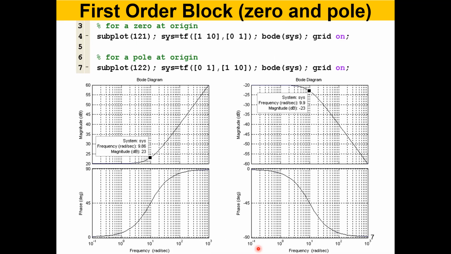So here also, for the first order block, we partition our screen into 2 columns. The first column is this 1 to 1. We define our transfer function. Now this time it is s plus 10 over s plus 1.